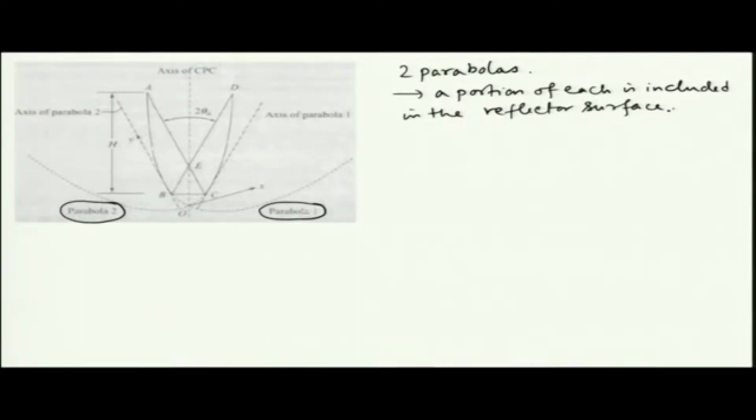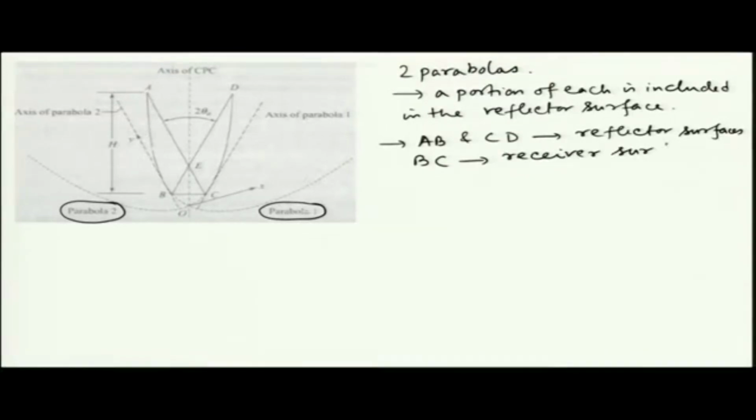So, here you see that from A to B, first let me write what is the reflector surface. A, B and C, D, these are the reflector surfaces, okay, while B, C is the receiver surface or the absorber surface, okay, and AD is the aperture.